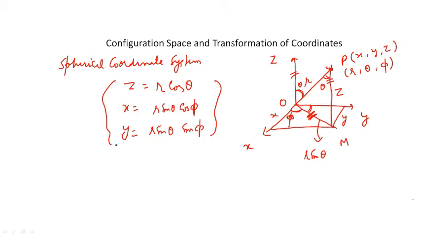If you see here, from this equation and from this equation, you can write x square plus y square is equal to r square sin square theta, right?